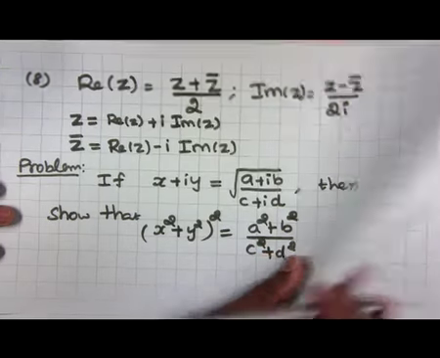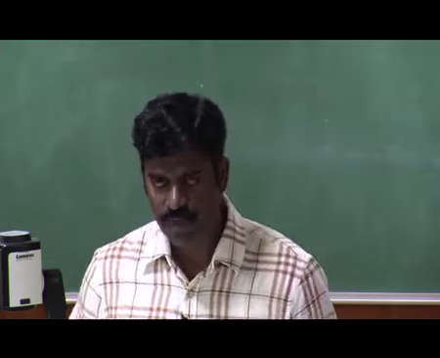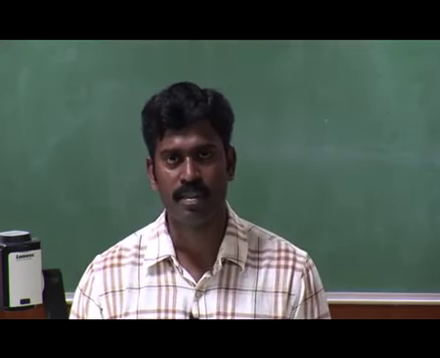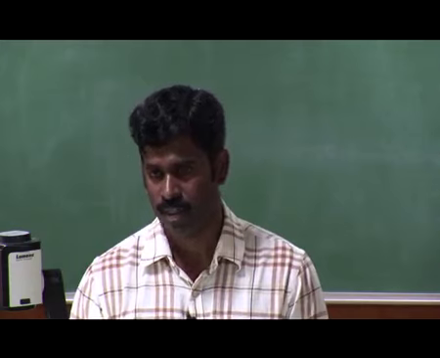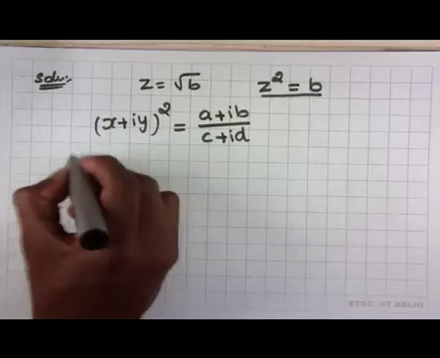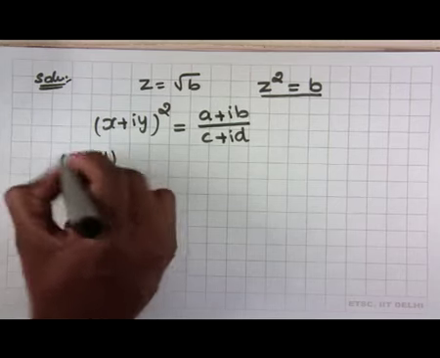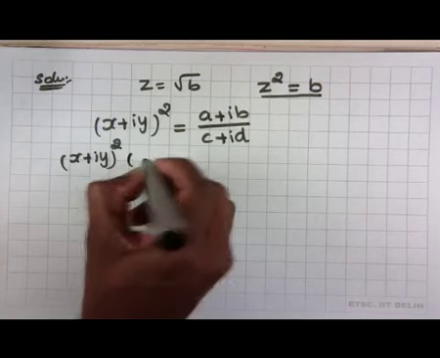As you remember, one of the properties is that when we multiply z with z bar, that gives a non-negative real number. That gives a hint that maybe we can multiply with the factor which is exactly its conjugate.